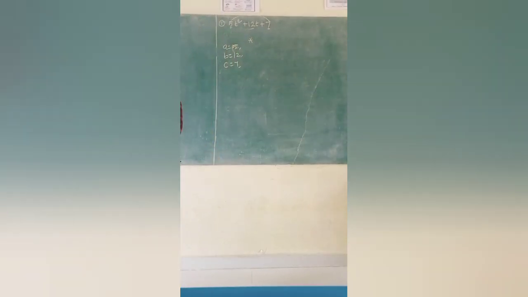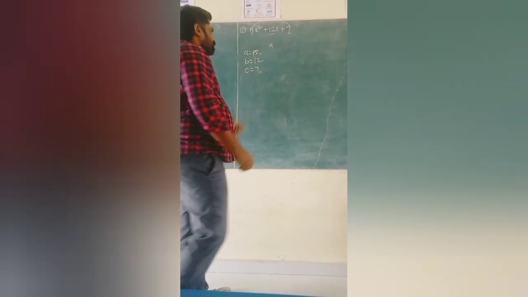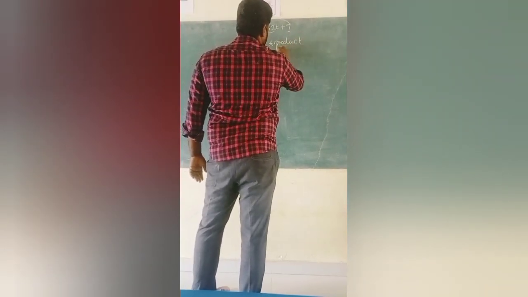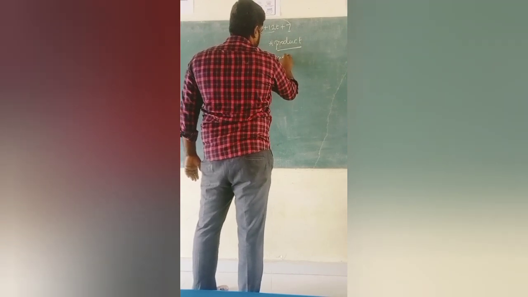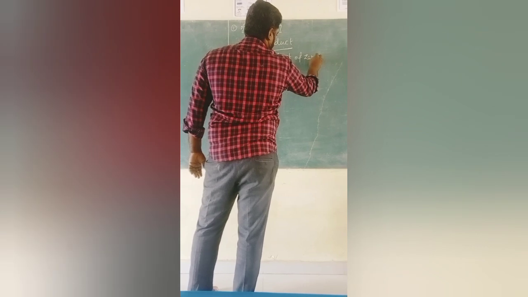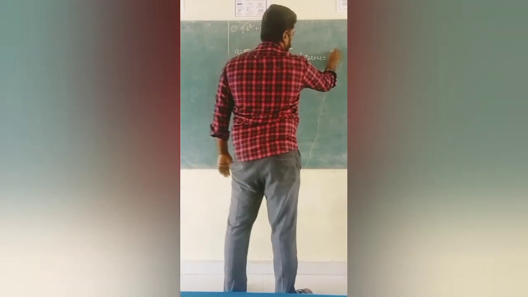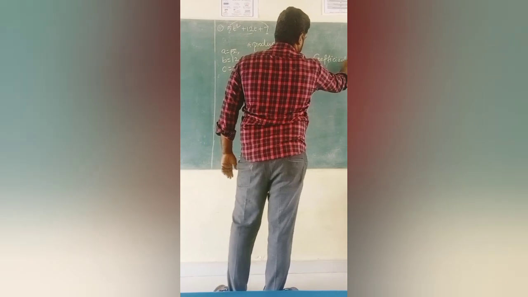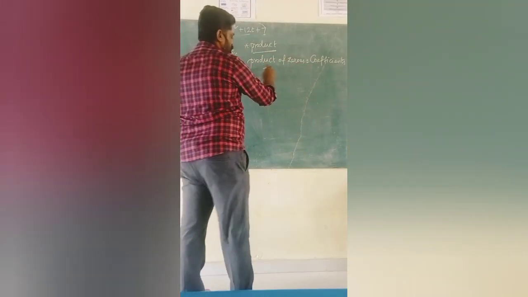Already the sum of the zeros we verified, isn't it? So next is the product of the zeros. Product of zeros, what is that?